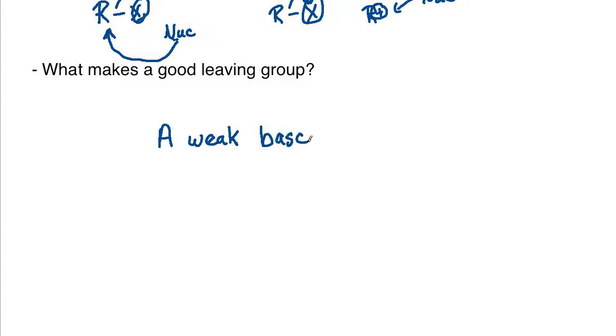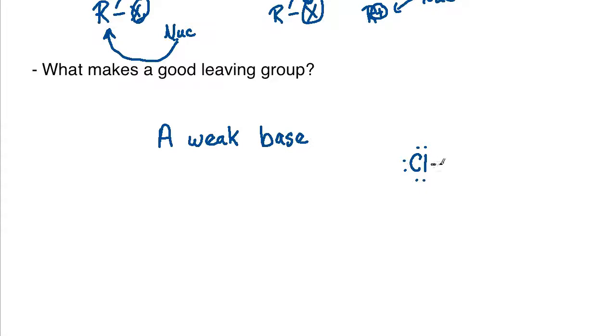Now, if you look at this through observation, you would say, what are some of the leaving groups that you see? So if you're watching this video, you're most likely in the middle of organic chemistry, or you've seen it in your classroom. What are some of the leaving groups that you come across? Well, some of the most popular ones are the halogens. So let's take chlorine, for instance. Right?